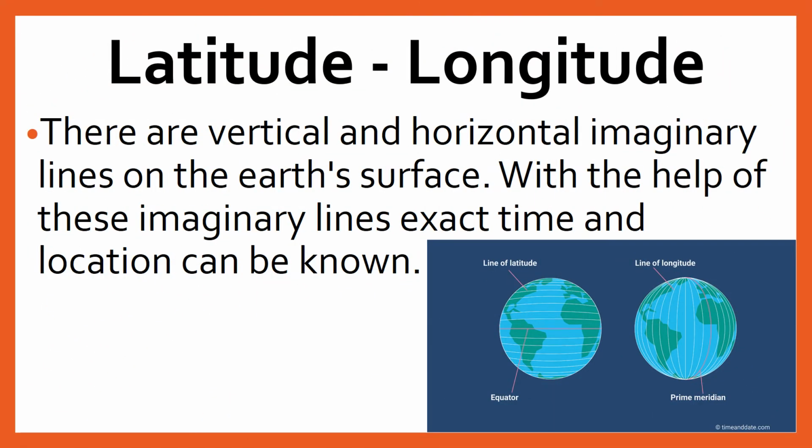There are vertical and horizontal imaginary lines on the Earth's surface. With the help of these imaginary lines, exact time and location can be known. Students, as you can see in the picture, horizontal imaginary lines on the Earth's surface are called latitudes, and vertical imaginary lines drawn on the Earth's surface are called longitudes.